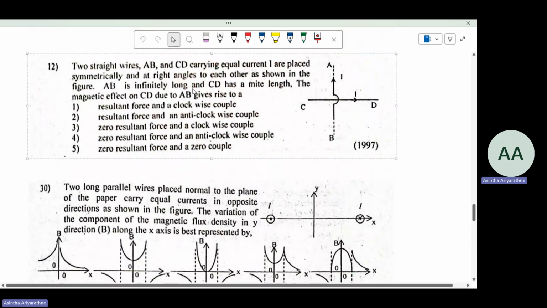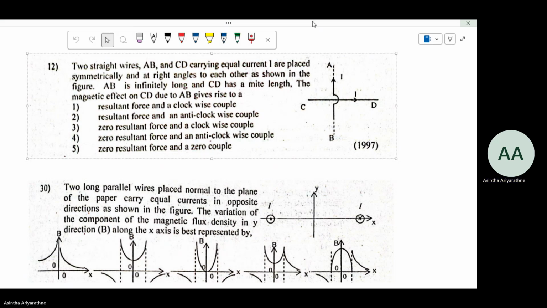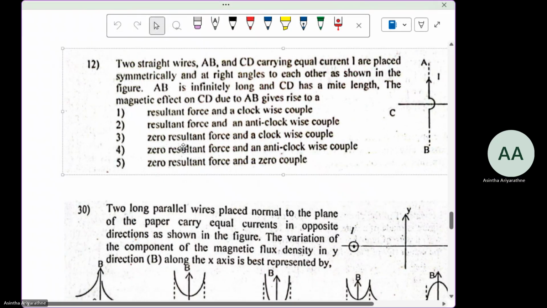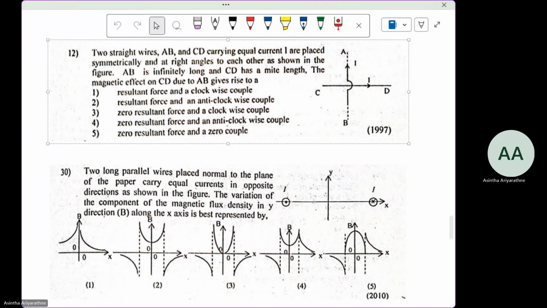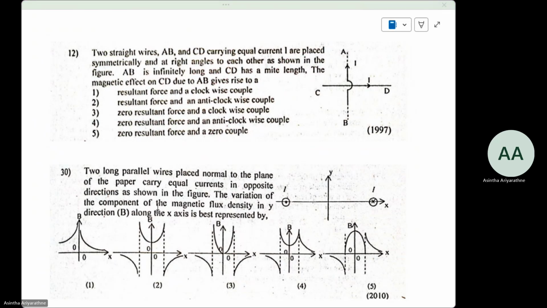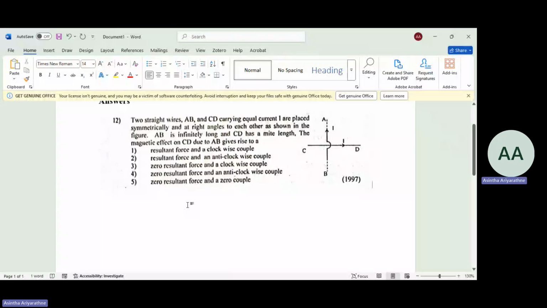Right, now let's see some questions. First question: the two straight wires AB and CD carrying equal current are placed symmetrically and at right angles to each other as shown in the figure.